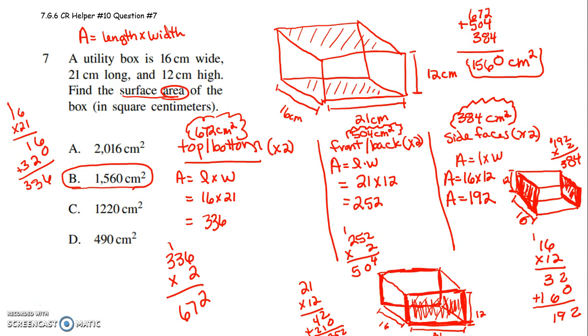But basically, you have to find the area of the top and bottom, area of front and back, area of the side faces, and then add them all up to get your total surface area. For those of you who like just a quick little formula, the surface area is 2 times the length times the width plus 2 times the width times the height plus 2 times the length times the height.